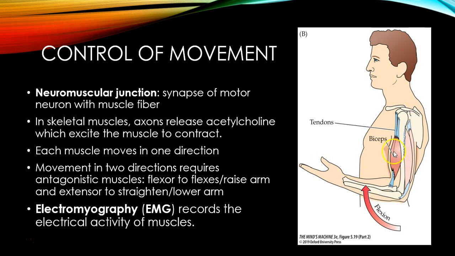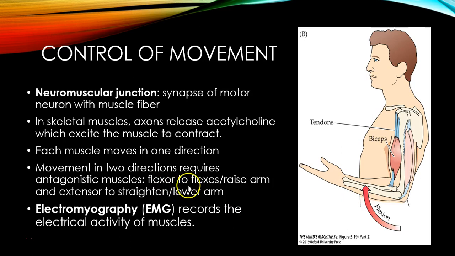And each muscle moves only in one direction. All it can do is contract and move in one direction. And so in order to have movement, like in order to move your arm up and down, we've got different muscles that work in tandem that are what we call antagonistic.